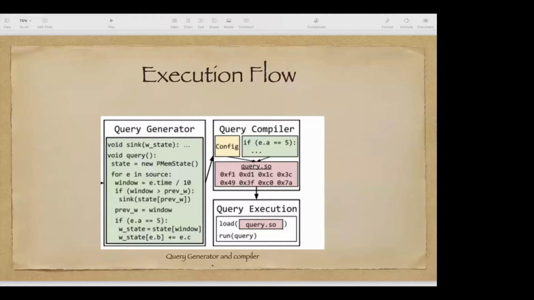Then the query compiler comes into the picture. The query compiler compiles the query code by using underlying hardware details. As the compiler runs independently of Darwin, the user can specify a different compiler than the one that was used to compile Darwin. And finally, query execution.